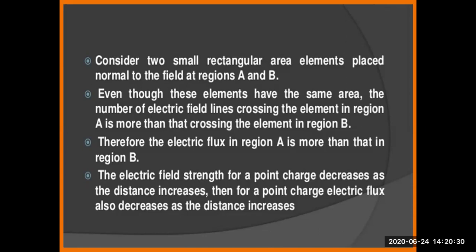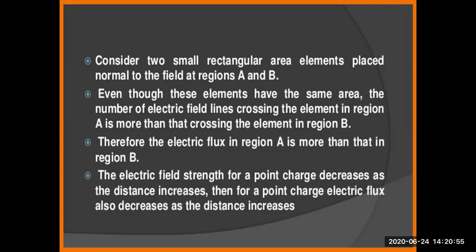Proportional to distance inversely. When you have less distance, the number of lines, the strength of the electric flux, is greater. If you are increasing the distance, the flux is decreasing. If you are decreasing the distance, the electric flux is increasing. So one quantity is decreasing, the other is increasing. This type of relationship is called inversely proportional.